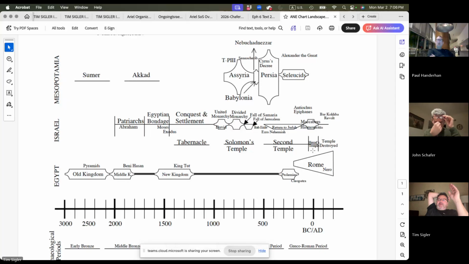Now, Herod sought to beautify the temple, but there were different Herodian kings in his line, and the process of beautifying the temple continues until about 10 years before it's destroyed.